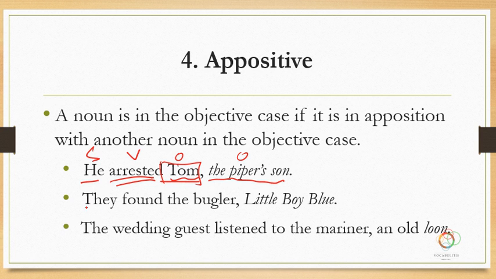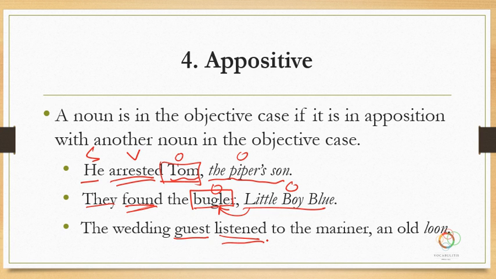They found the bugler. Not a burglar, but a bugler. Little Boy Blue. So the bugler is the object. Little Boy Blue is the appositive to the bugler. And so this is objective case and objective case. The wedding guests listened to the mariner, an old loon. Well, who? Guests, subject, listened.